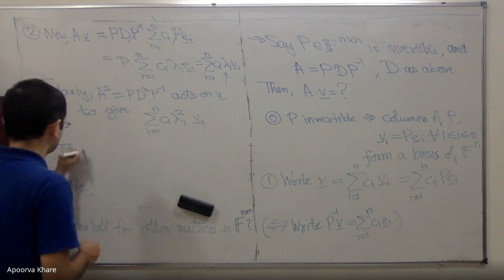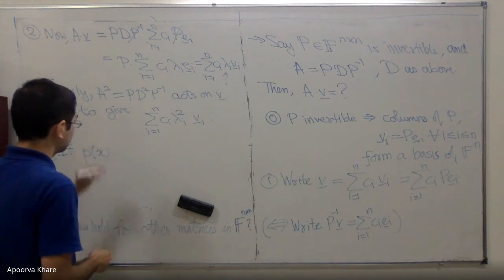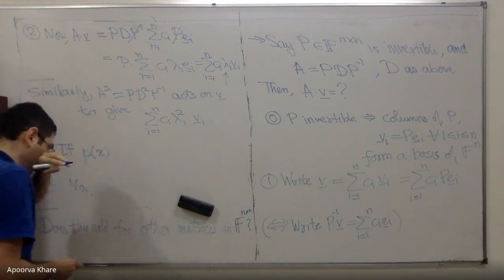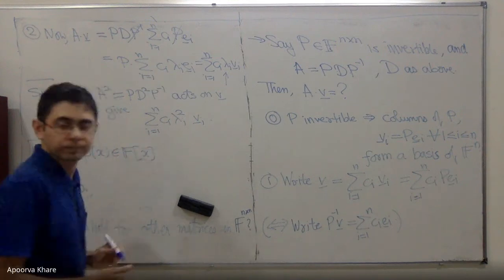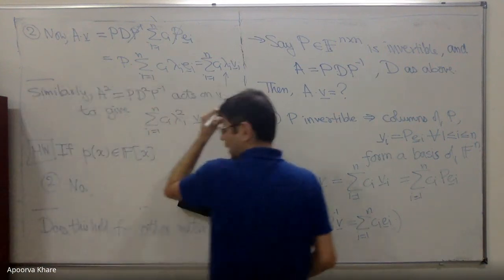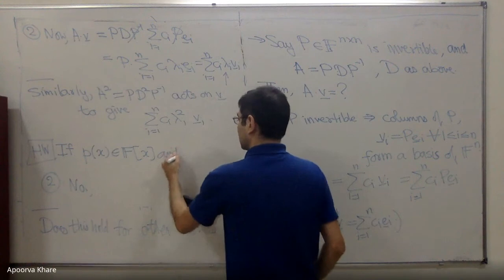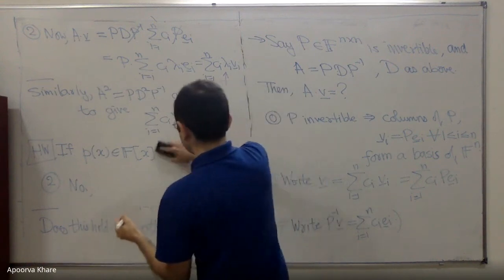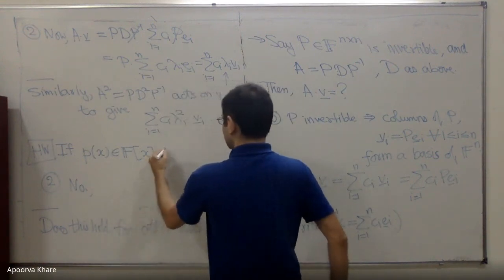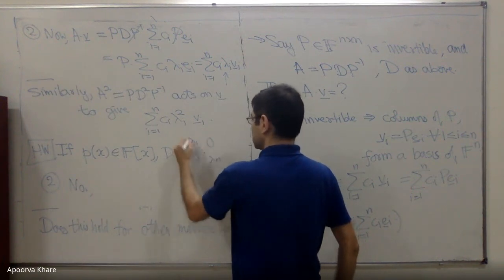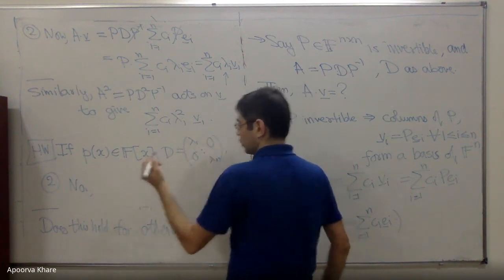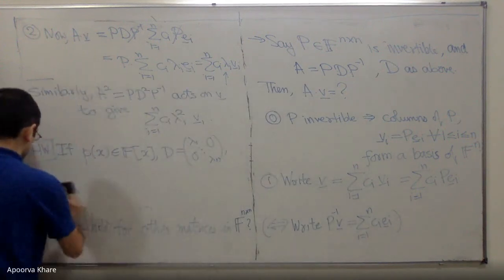If p of x belongs to F[x] is a polynomial, and then D is of course as above, the diagonal matrix lambda 1 through lambda n, and then A equals P D P inverse.